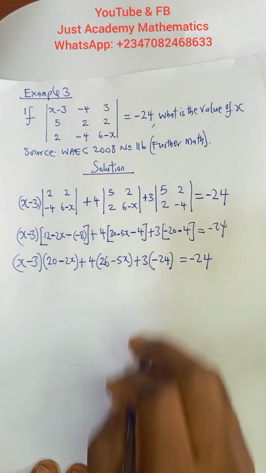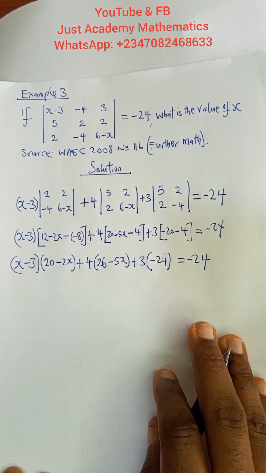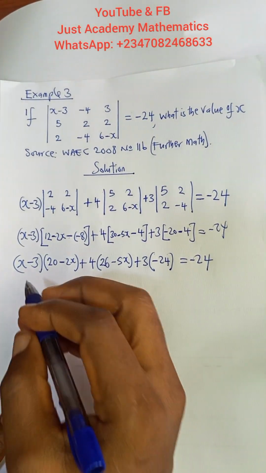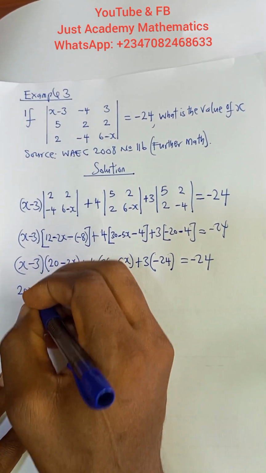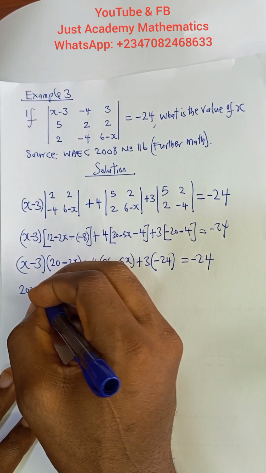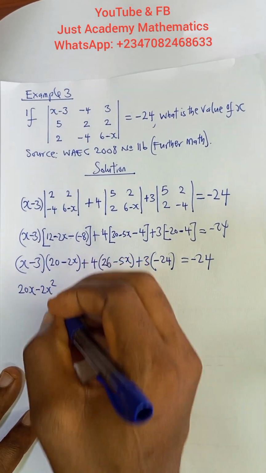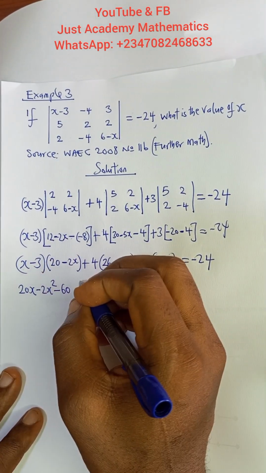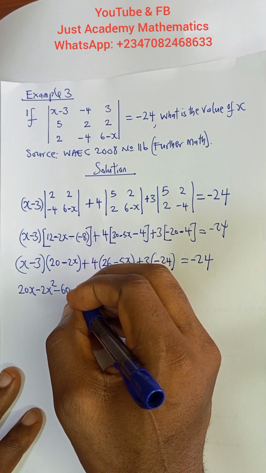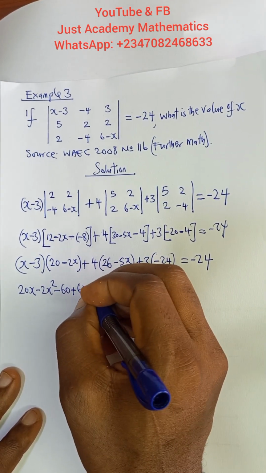So let's open the bracket and see what happens. We have x times 20, which is 20x. x times minus 2x is minus 2x squared. Minus 3 times 20 is minus 60. Minus 3 times minus 2x is plus 6x.